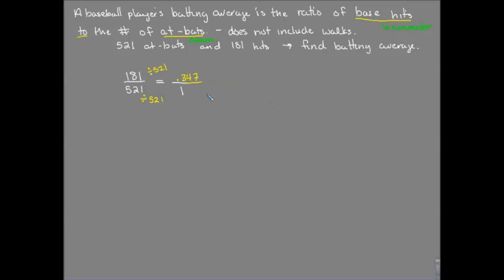What we're looking for is what's called a unit ratio, and that's when the denominator is 1. Unit ratios can tell you an average, or they can tell you price per unit.